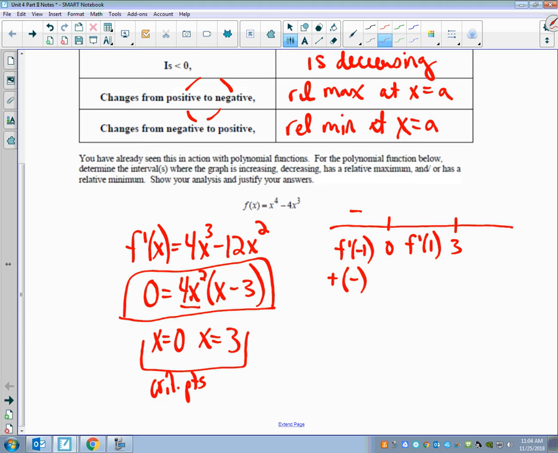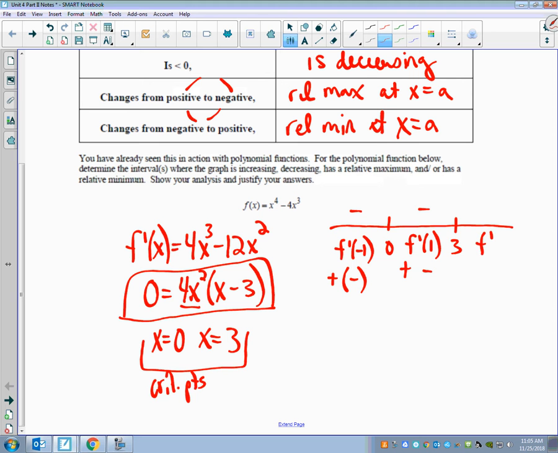And if I plug a number in between 0 and 3, I'm just going to pick 1. Then I'm also going to get a negative because I'm still going to get a positive over there. And 1 minus 3 is still negative, which means decreasing to decreasing, which means 0 is nothing.